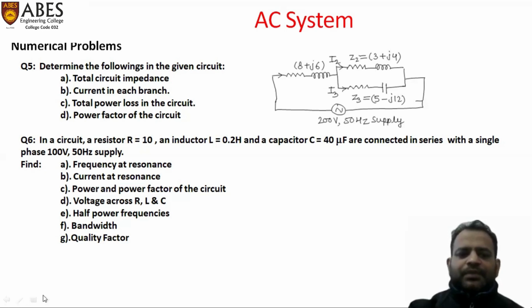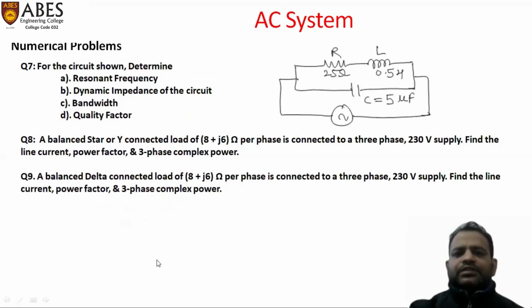And in parallel resonance, this is the circuit having resistance and inductance in parallel with the capacitance. So we are finding the resonant frequency, dynamic impedance, bandwidth, and quality factor. In the last part of this unit, this is the three-phase AC system, and there are two types of connections, star and delta.